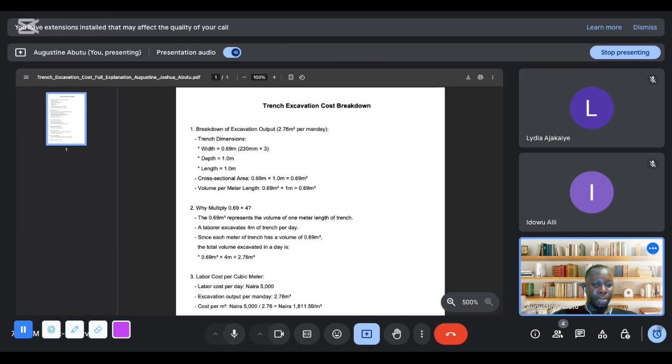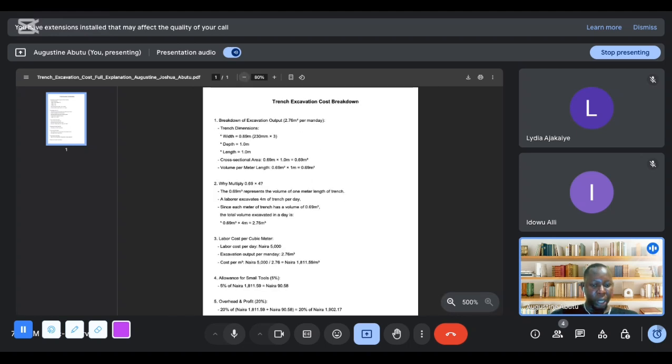Our width is 0.69, our depth 1 meter, our length 1 meter. If you multiply them together, 0.69 multiplied by 1 meter, your depth, multiplied by 1 meter, your length, it will give you 0.69. So it means that your work productivity for one labor in cubic meters is 0.69.